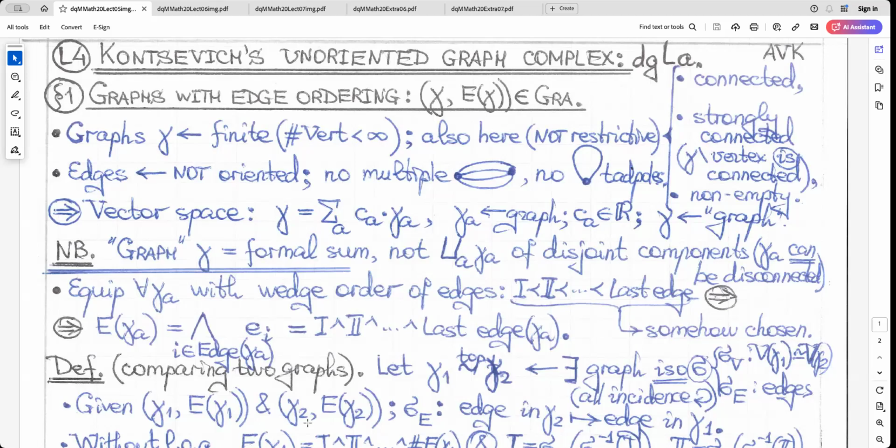So who worked on the topic? The topic was created in 92-93 by Kontsevich. Then in 96-97, the relation of this topic to Poisson geometry, graphs, Poisson geometry, was understood, again by Kontsevich. Then for 15 years, nothing happened. Then there appeared Willwacher and Felder from Zurich, who made a substantial contribution.